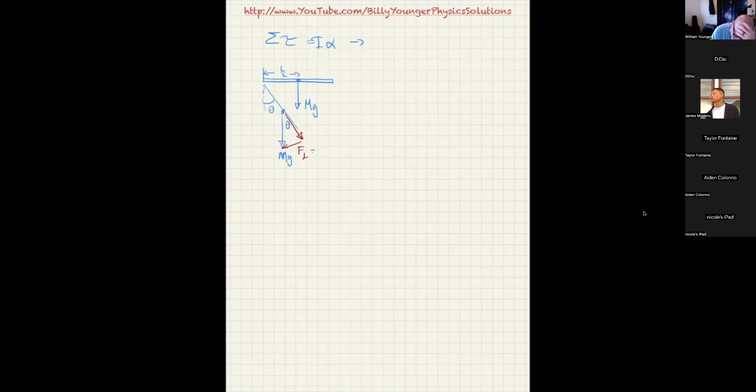So F perp is going to be M times G times the sine of theta. So what we're going to write is M times G times the sine of theta is the force, but the torque is that times L over 2. All of that is going to equal the moment of inertia, which we learned was 1/3 mL squared.